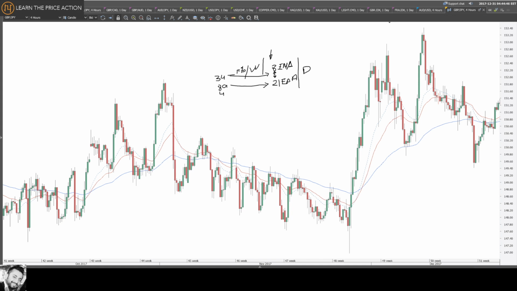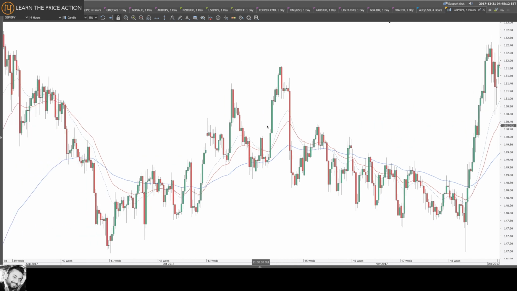So I would go back to the 4-hour chart and drill down, and look for opportunities like pin bars or inside bars on the 34 and 89 EMA when the market retraces, and look for opportunities to go long. So let's see an example of how we can do this.